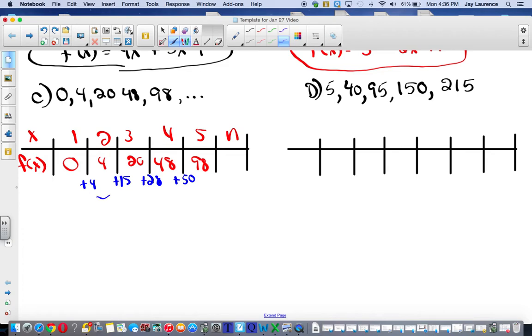Okay, second differences. So I got a plus 11, and then a plus 13, and then a plus 22, right? Oh, this is bothering me. Plus 2, plus 9. I don't see a pattern here.